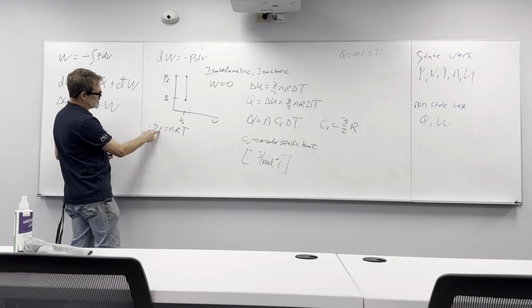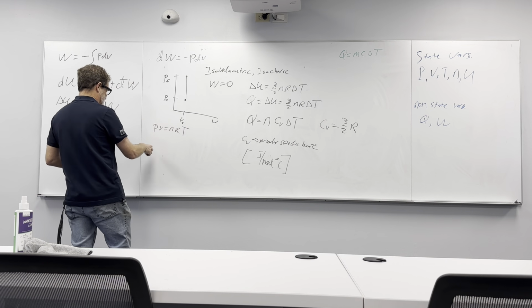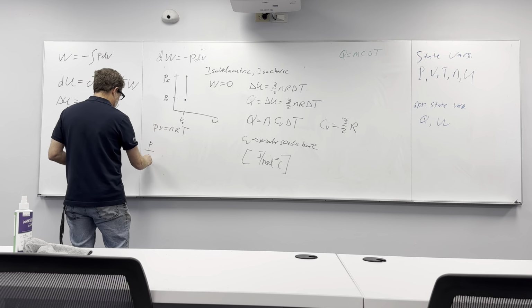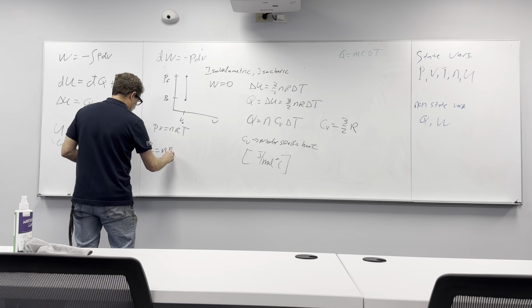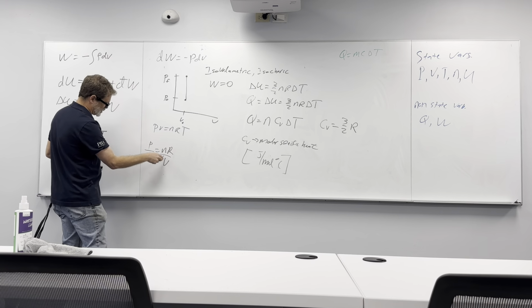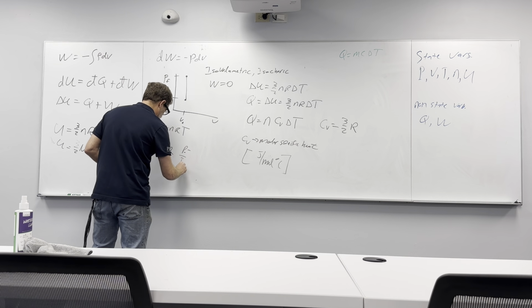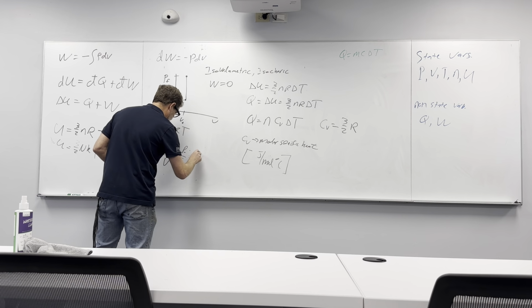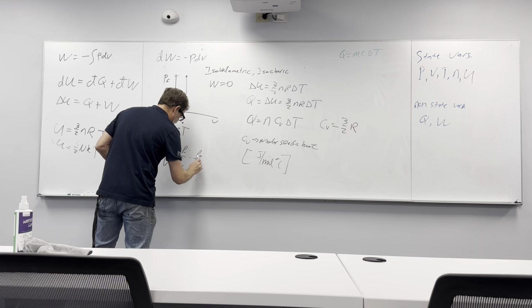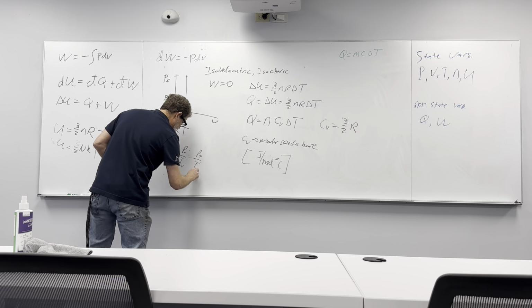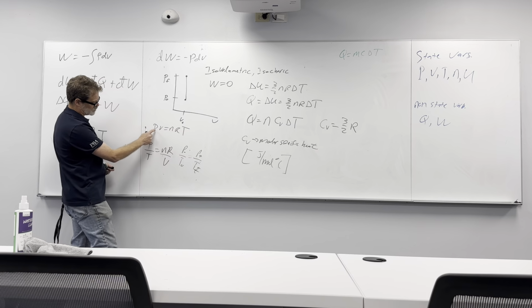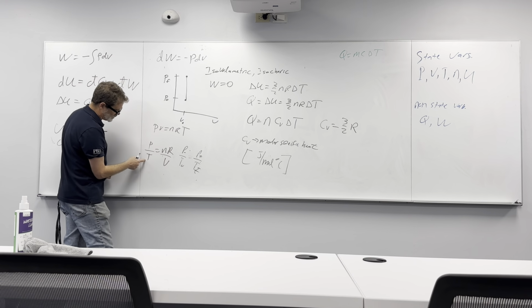So if V is being fixed, I can bring that over here, bring this T over here, so I get P over T equals NR over V. This is a constant, so P naught over T naught equals P final over T final. That's how these things are related. Everybody see how I did that? I just put the constant over here and brought the variable over here.